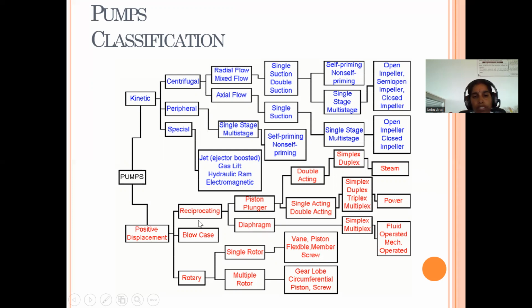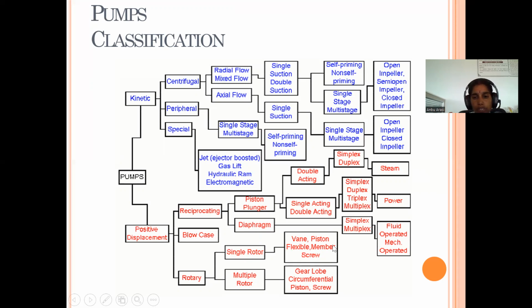Positive displacement pumps are basically classified into three categories: reciprocating pump, blow case pump, and rotary pump. Reciprocating pumps are divided into piston, plunger, and diaphragm. Piston and plunger pumps are divided into double acting and single acting. Rotary pumps are divided into single rotor and multi-rotor.